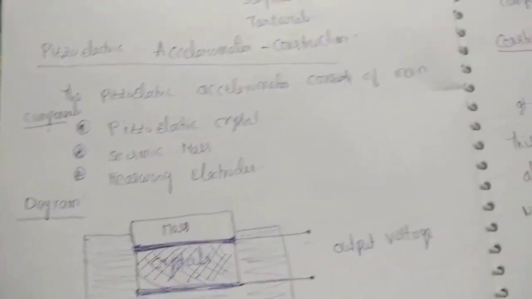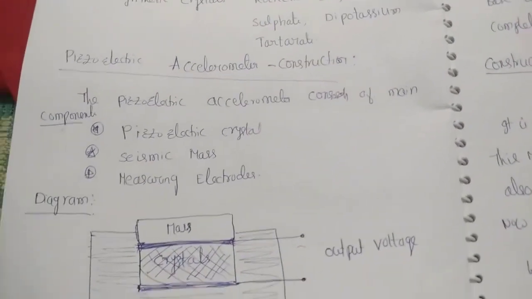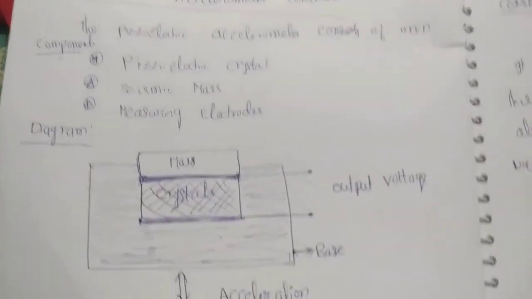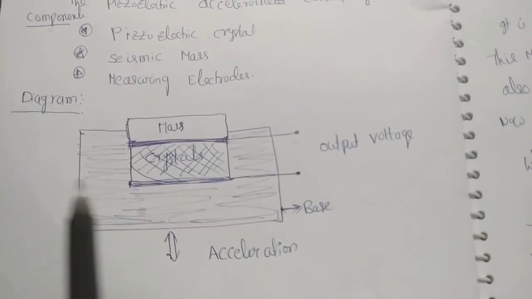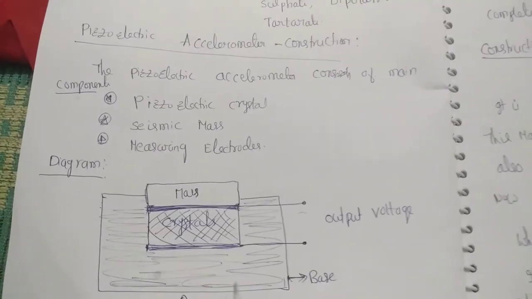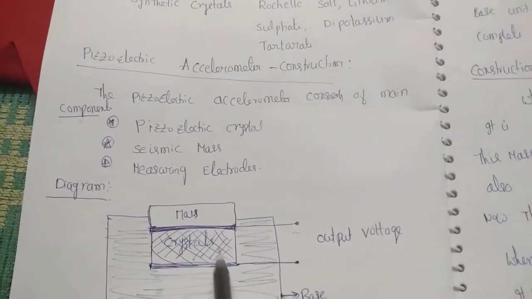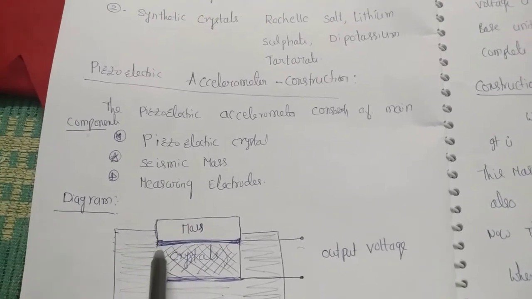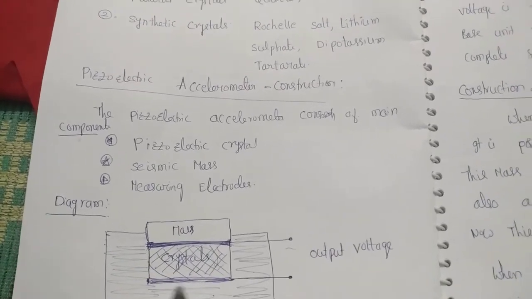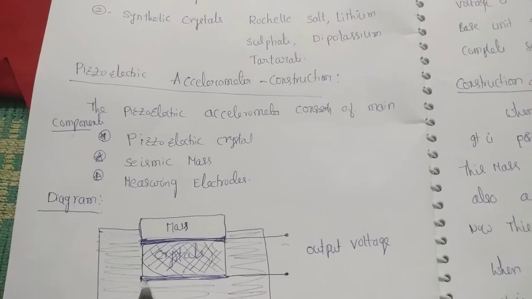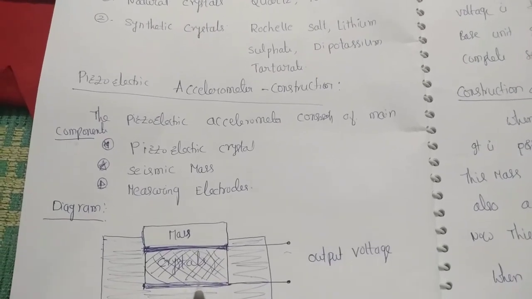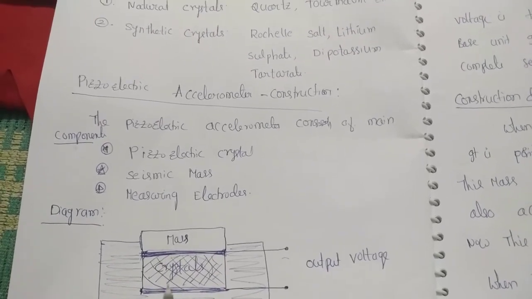So how is a piezoelectric accelerometer constructed? Here is a diagram. This is a crystal and these are the electrodes. Electrodes are placed on both sides of the crystal.